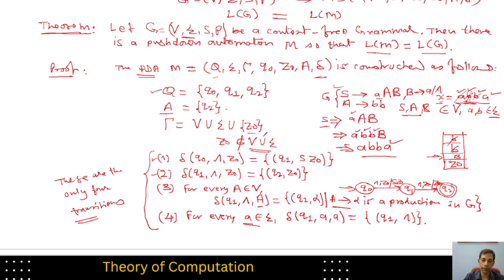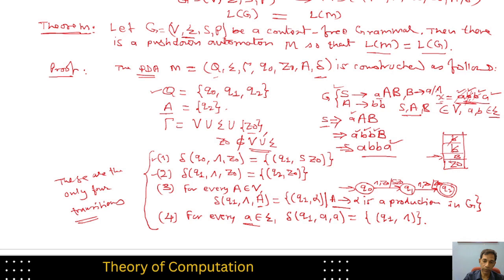So if A derives alpha is a production rule in the grammar G, then A will be replaced with alpha, and the leftmost symbol of this alpha is the top of the stack symbol. So the leftmost symbol of alpha will become the top now.